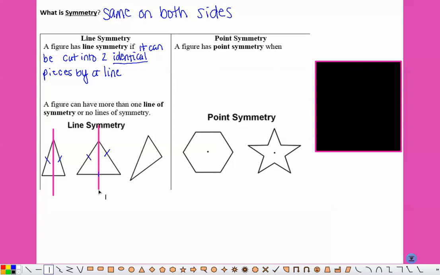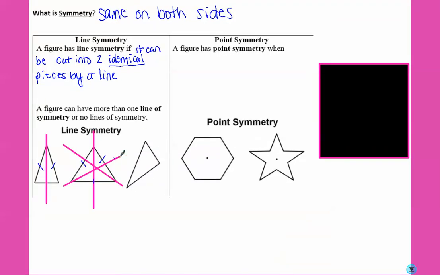We could cut it straight down the middle this way, and it's the same on both sides. Or I could go this way, and it's the same on both sides. Or I could go this way, and it's still the same on both sides. Now, a scalene triangle, there's no way that I can cut it that it'll be the same on both sides. So this has one line of symmetry, this one has three lines of symmetry, this one has no lines of symmetry.